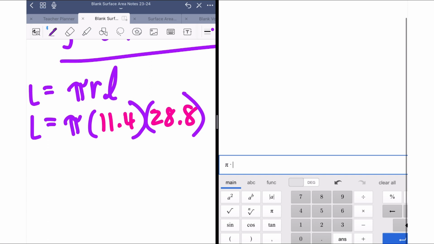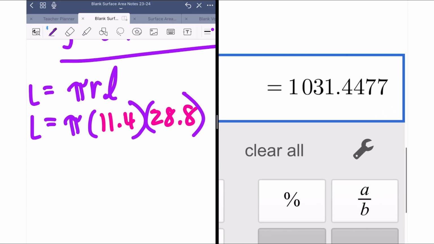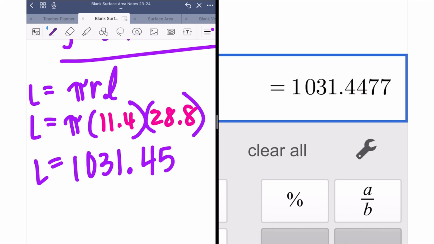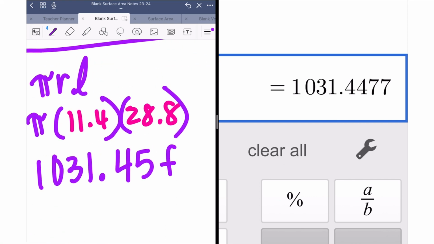Pi times your radius times your slanted height. It's going to be 1,031.4 what? There's a 7 after the 4, so it makes the 4 a 5. And this is feet squared.